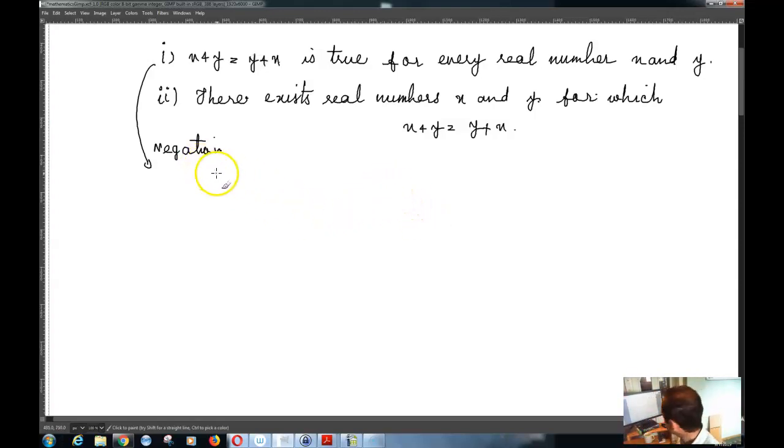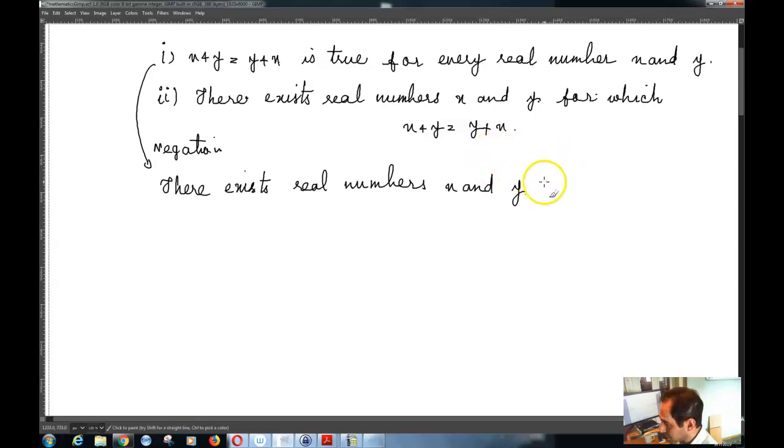So then you can write: there exist real numbers x and y for which x plus y is not equal to y plus x.